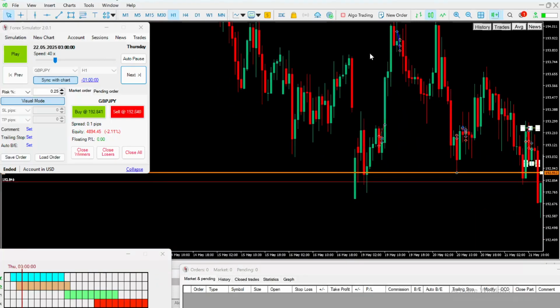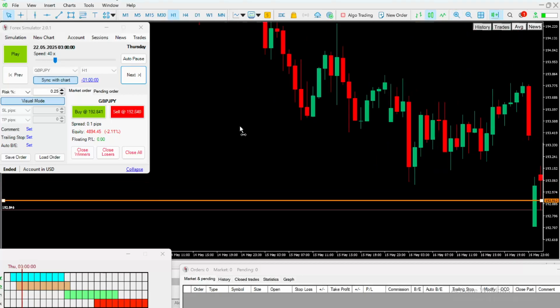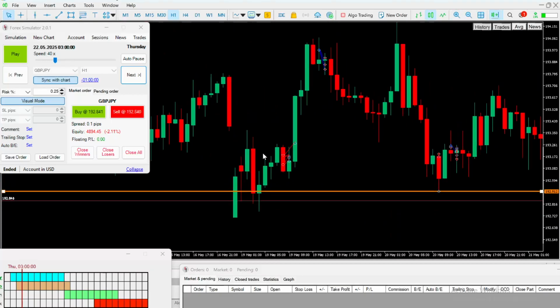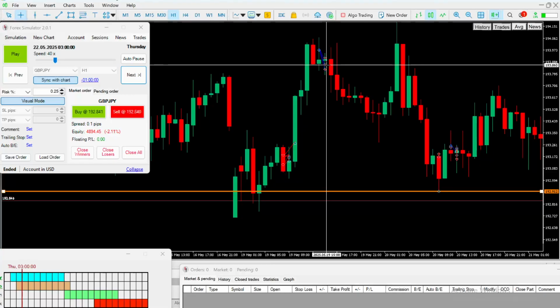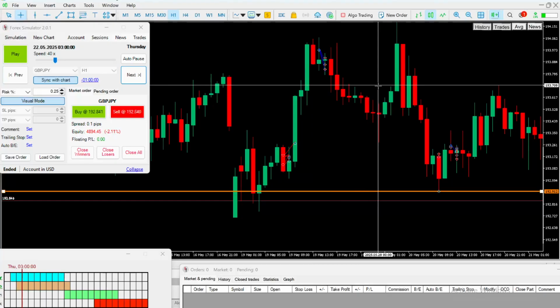Like for example here, I shouldn't have taken this sell because it's a flat bottom, so usually you don't trade that. When it went up, but okay, that was already too late here. This was the candle for us to go up.